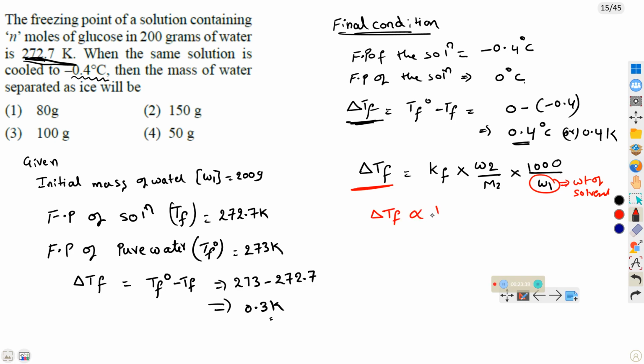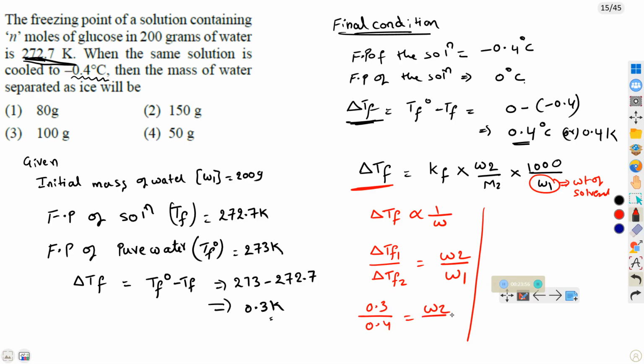For two conditions, delta TF1 by delta TF2 is equal to W2 by W1. Now substitute the values. 0.3 by 0.4 is equal to W2 by 200. Simplify, then you will get the W2 value as 150 grams.